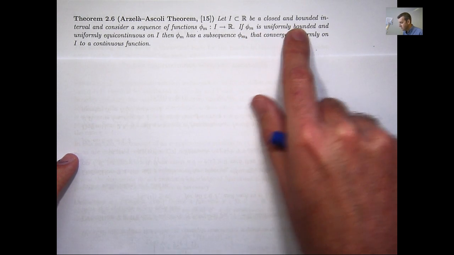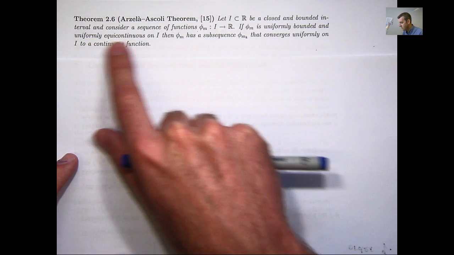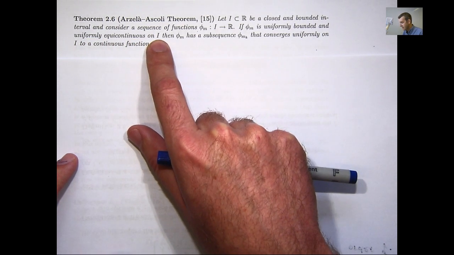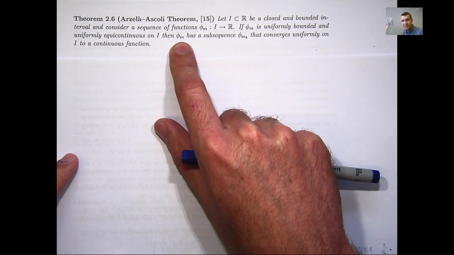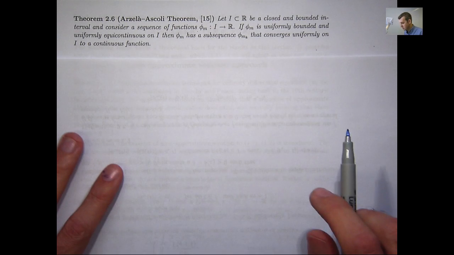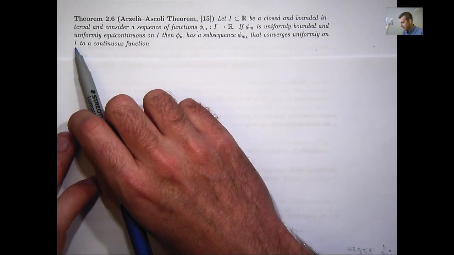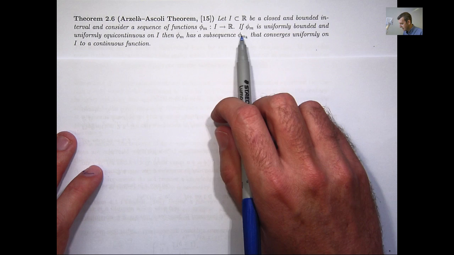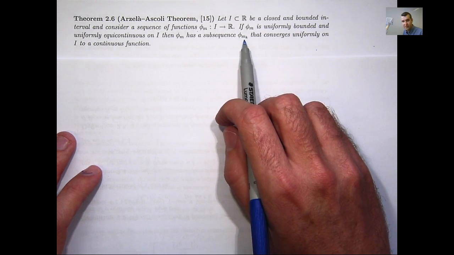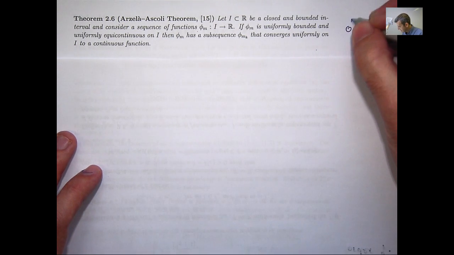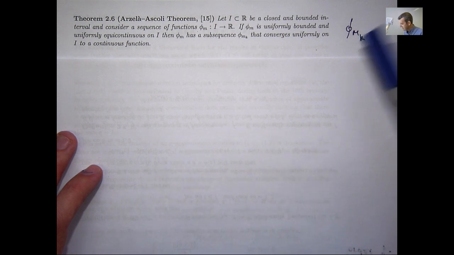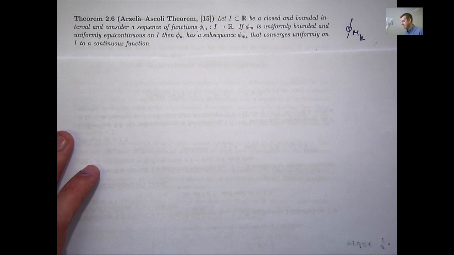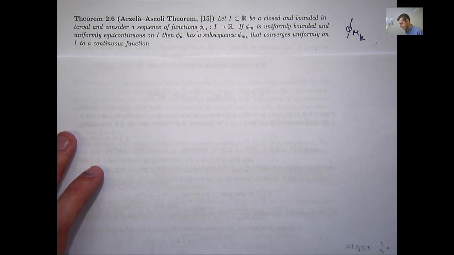If the sequence is uniformly bounded and uniformly equicontinuous on the interval, then the sequence of functions has a subsequence, and that subsequence converges uniformly on the interval to a continuous function. Now I know this is probably very hard for you to see here, so this is just sigma sub m sub k. So I'm going to use that kind of notation for subsequences.